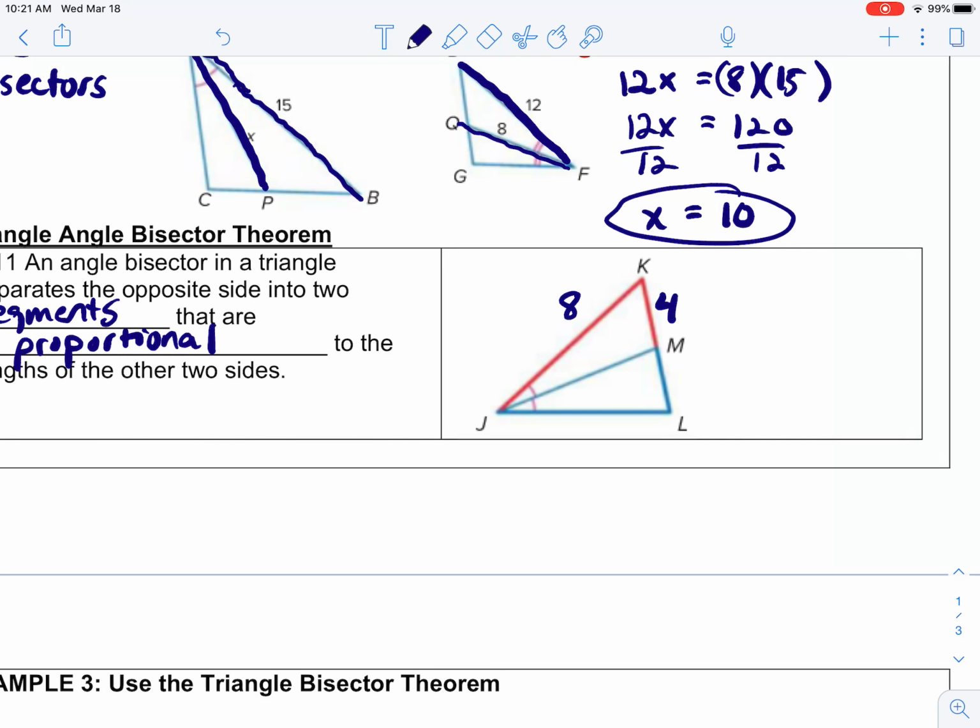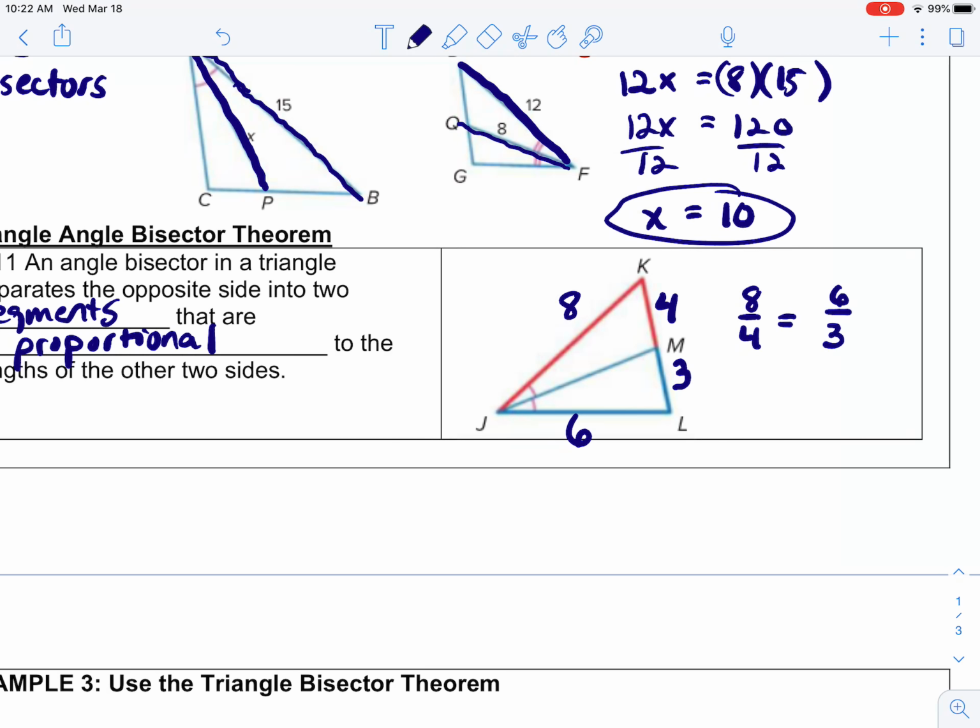So what we're saying is that this other side down on the bottom, JL, if that is 6, then the other side of the segment that is created by that angle bisector would have to follow that same 2-to-1 ratio. So that would have to be 3. So 8 over 4 is equal to 6 over 3. So notice we're actually not talking about the length of the angle bisector itself.